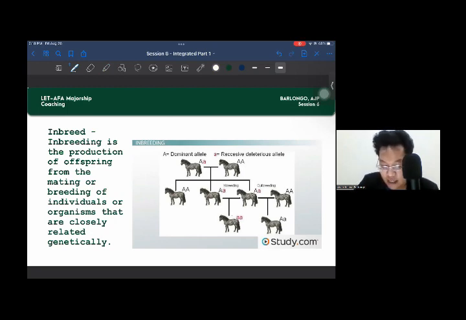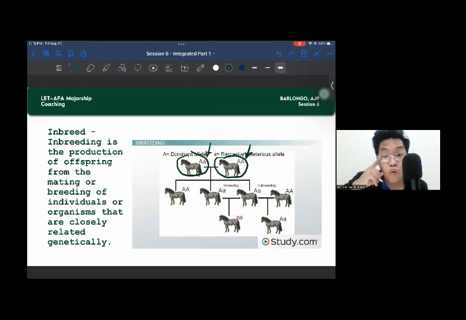So, we can see here na ito, wait lang ha. So, this one holds a recessive na allele which is yung small a. Then ito naman ay it has a dominant allele.